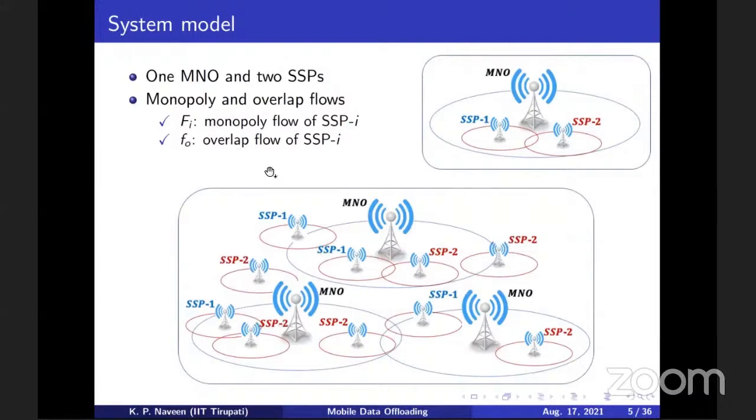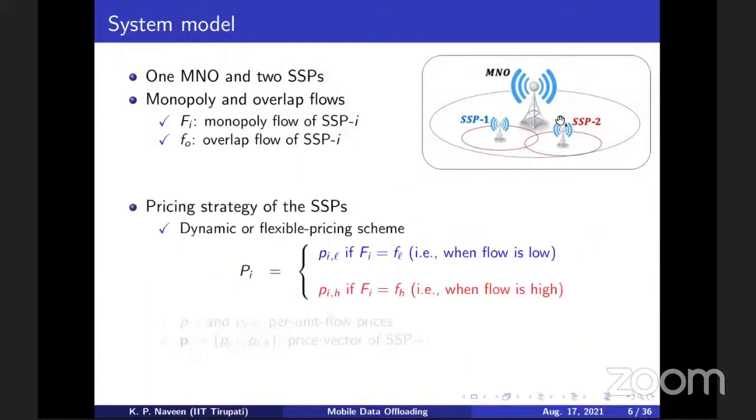Now F1 will constitute the traffic generated by users in all these regions owned by SSP1, and F0, the overlap flow, is the traffic generated by users in the overlap region. Here I've shown just two overlaps. In general, there can be a good amount of overlap, particularly in metropolitan cities. Right, so let me stick to this illustration for simplicity.